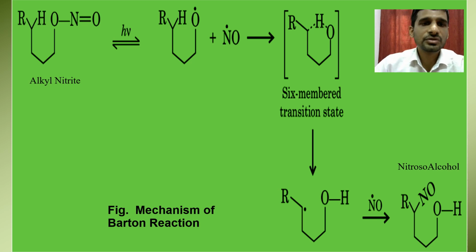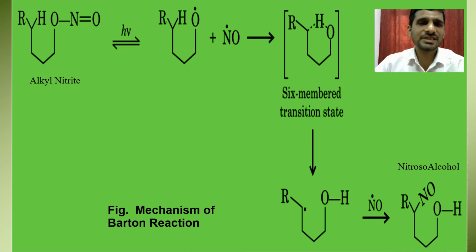If this oxygen is designated number 1, then this carbon is number 2, 3, 4, 5. The hydrogen which is present on the 5th carbon atom will undergo intramolecular 1,5 hydrogen shift to form an alkyl radical, as you can see over here.